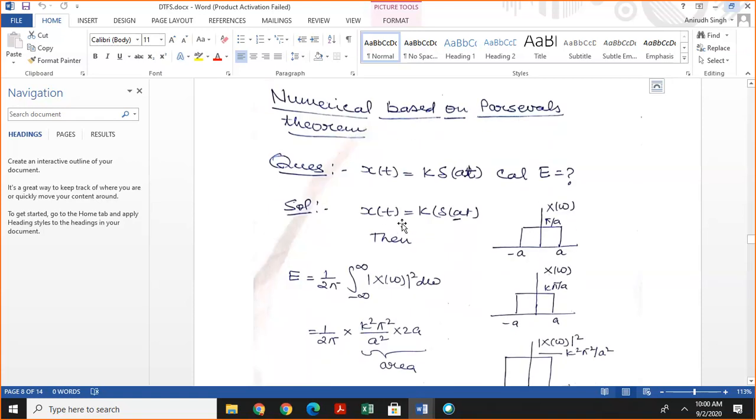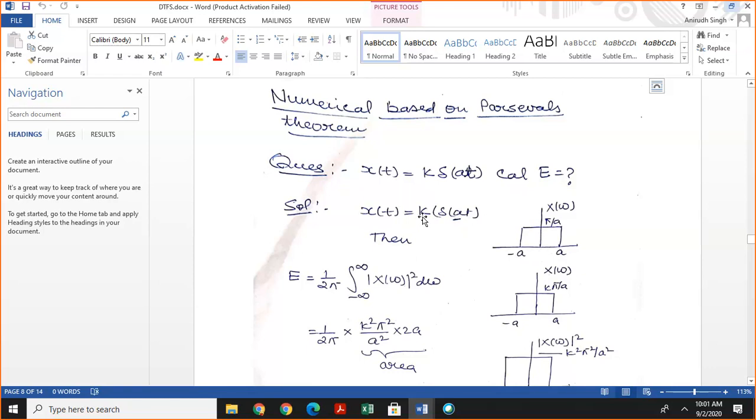We know that if x of t is equal to a sampling function and we take the Fourier transform of x of t, then we get a rectangular signal. This is the bandwidth, which is given by a in the sampling function, and pi by a is the height of this rectangular wave.